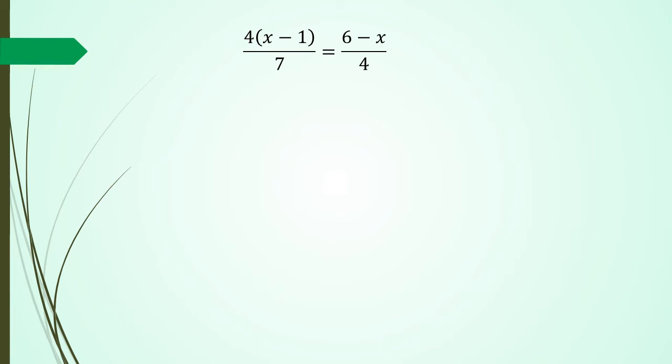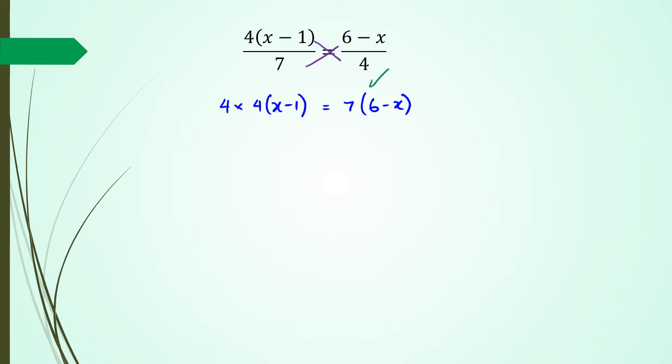Because it's one fraction equals another fraction, I will cross multiply. So what I'll end up with is 4 multiplied by 4x minus 1 equals 7 multiplied by 6 minus x. Now I just want to point out one thing to you guys here.